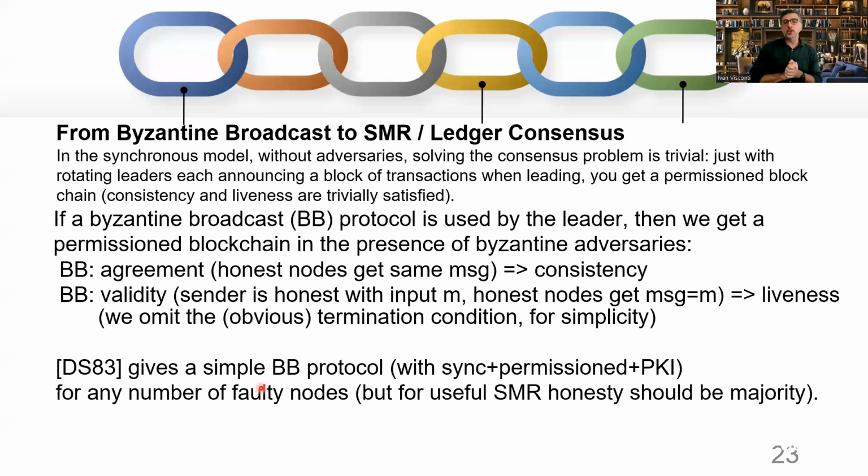So when you apply the Dolev-Strong protocol inside this idea of having rotating leaders, you get a decentralized computer, you get ledger consensus, but it will work just with the assumption of an honest majority. You don't need a 2/3 honest majority, just an honest majority. I want to remind you that the liveness guarantee is extremely important because it says that this computer works, it's not stuck.